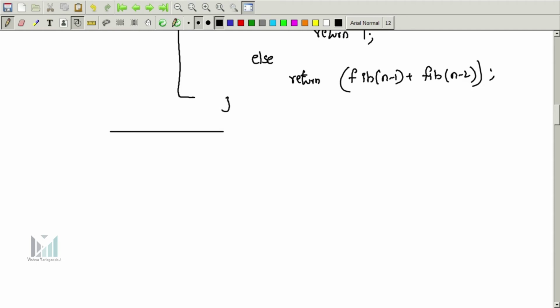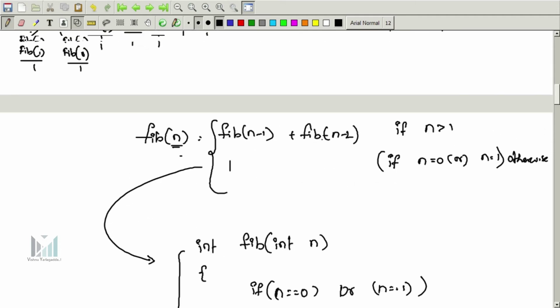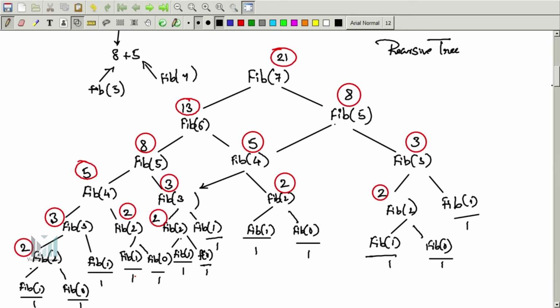Now see, what is the time complexity of the Fibonacci series? You can see here how many additions it has performed at the first level. 2 additions. Fine, 2 additions. Then at the second level, 1, 2, 3, 4, so 4 additions.